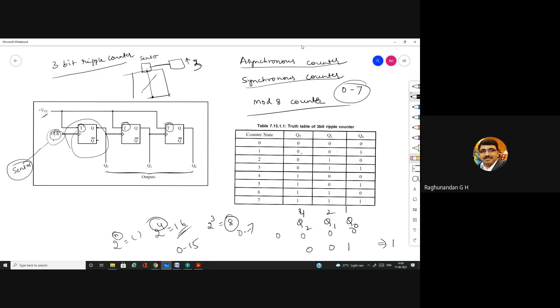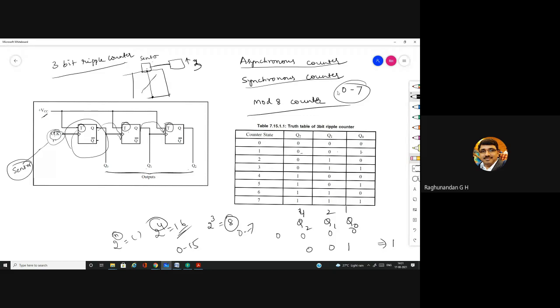In the first clock pulse, it toggles its output first. Based upon this output, the next is going to change, and based upon that output, the next is going to change. Okay, so this is about the 3-bit ripple counter.